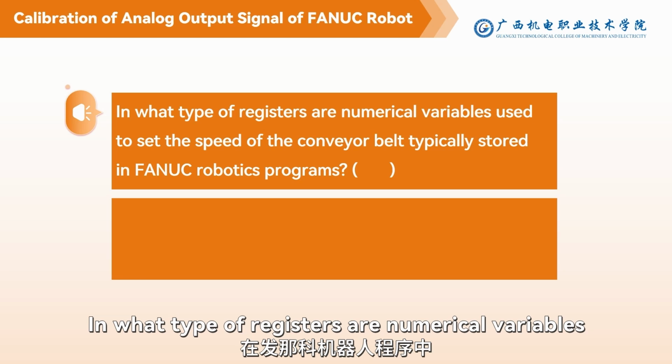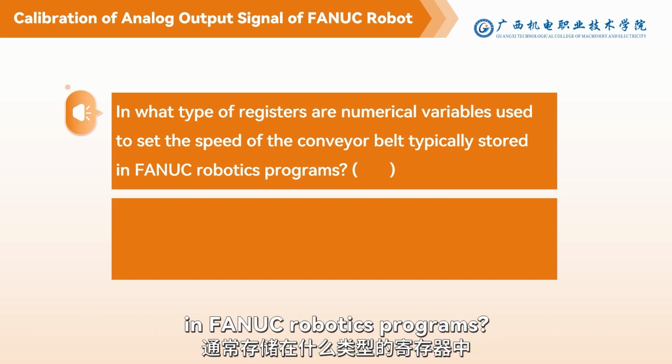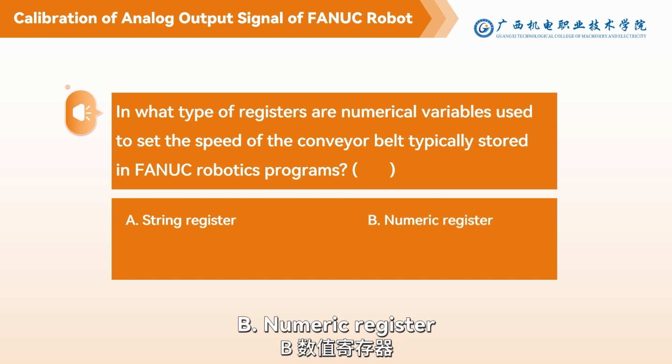In what type of registers are numerical variables used to set the speed of the conveyor belt typically stored in FANUC robot programs? A. String register. B. Numerical register.